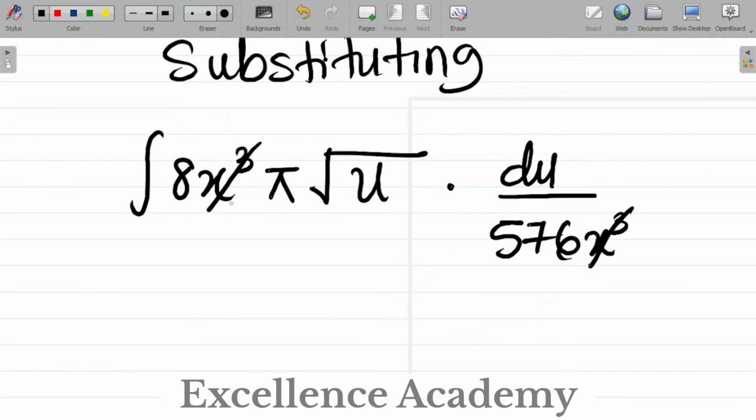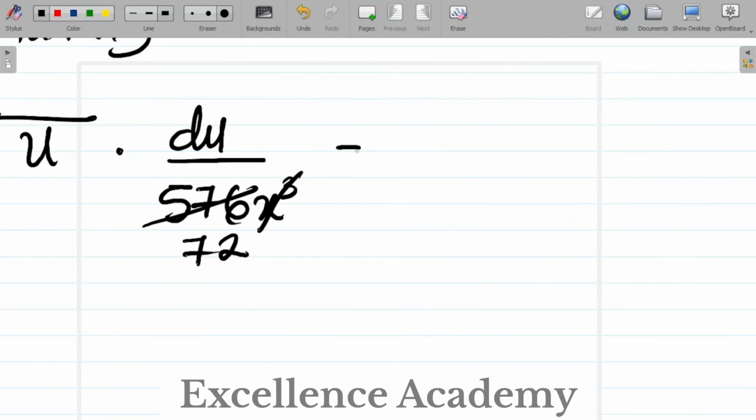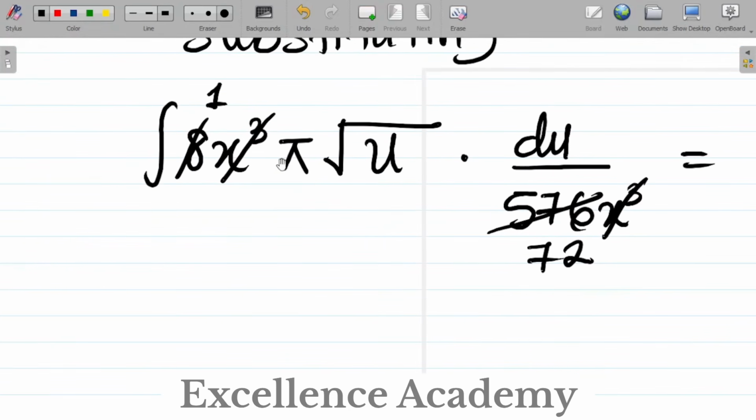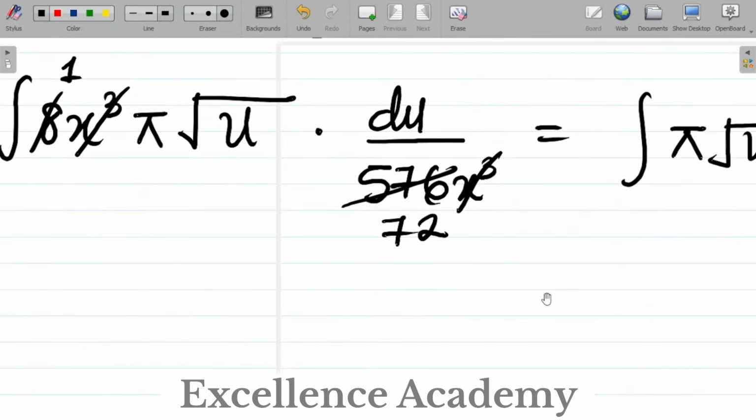Let me see, 576 all over 8. 8 here, 1, 8 here, 72. To become 72. So basically this would be equal to the integral of pi into root u du over 72.